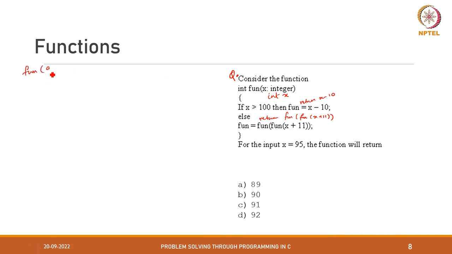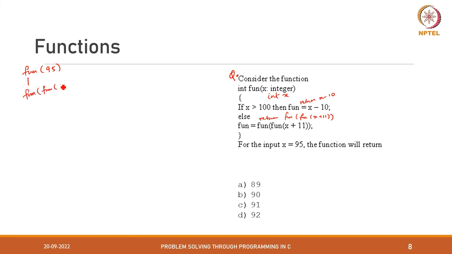Now the first time we call it with a value of 95, it does not satisfy this particular condition, x greater than 100. So it will go to the else part. It will return fun of fun of 95 plus 11.